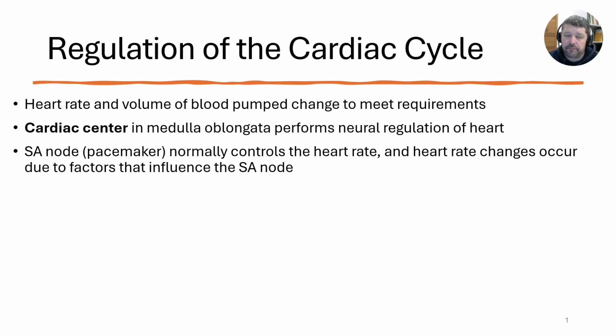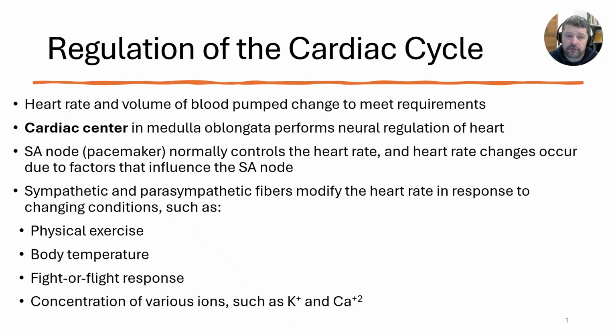Okay, I mentioned this a little bit before. The SA node is a pacemaker. So it already has a distinct heart rate at about 100 beats per minute. Any deviation from that is often associated with the sympathetic or parasympathetic fibers that might affect the SA node.